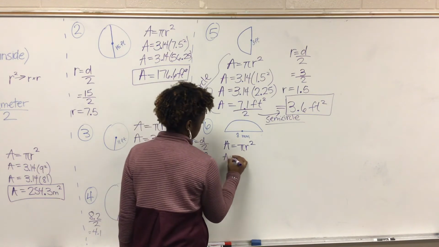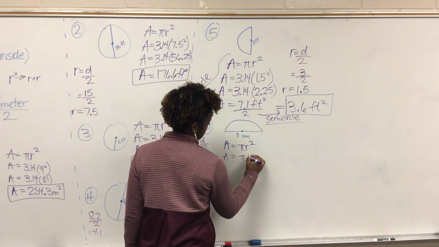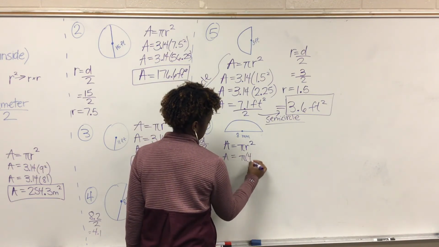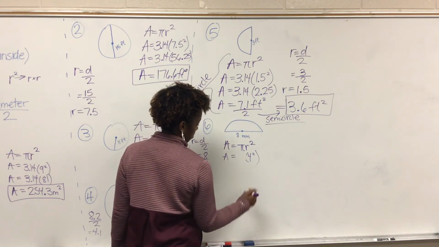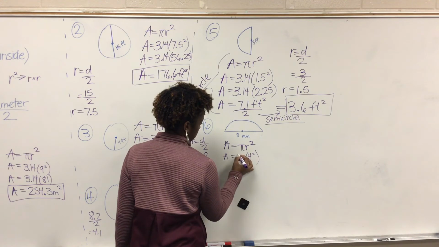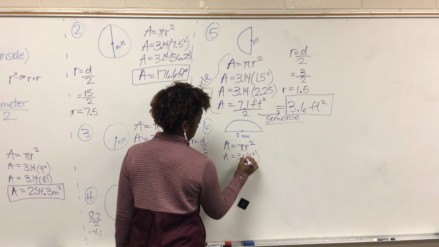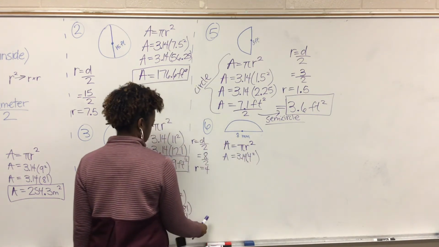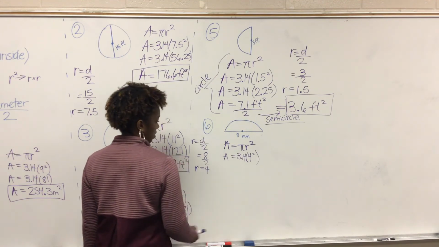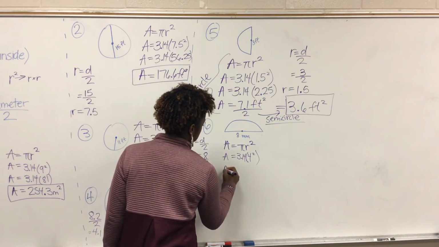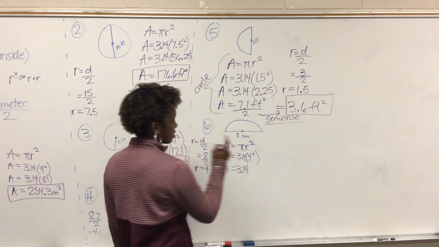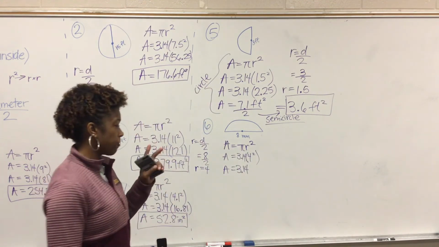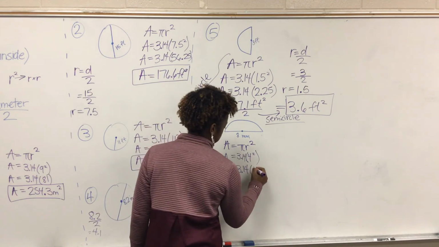So the area equals pi times 4 squared. And we actually can go ahead and sub in our pi. So we have the area equals 3.14 times 4 squared, which is 4 times 4, which is 16.